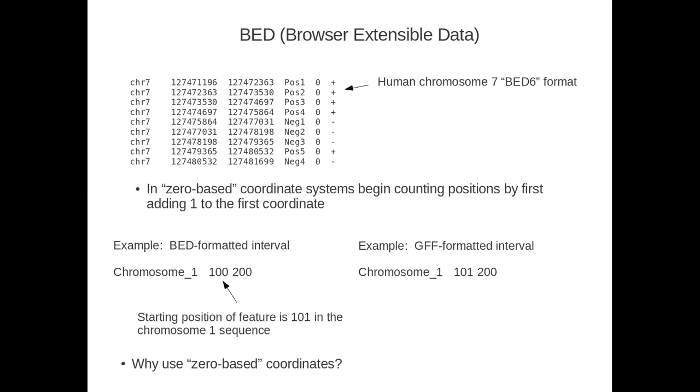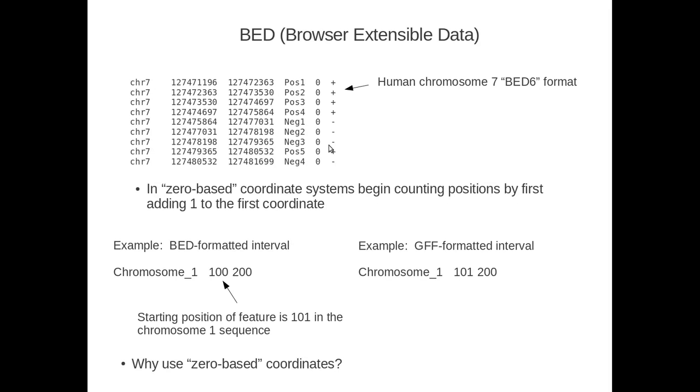It'll become clearer why we call it that in a moment. But here at the top, what we have is just a simple set of coordinates on chromosome 7 in what we call BED6 format. So just notice here that in the first column we have a chromosome, then we have two 5' and 3' coordinates, together with some metadata that I'll describe in a moment.